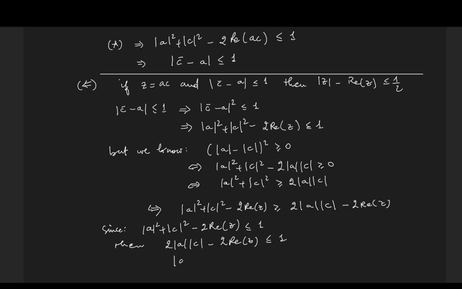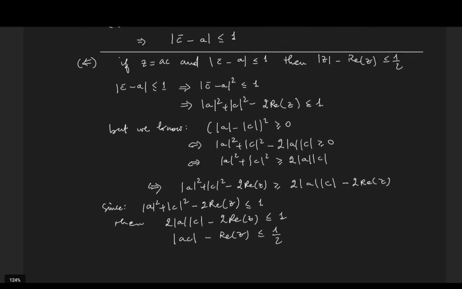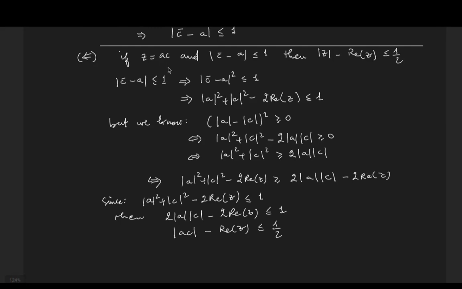That means |ac| - Re(z) ≤ 1/2, and since z = ac, that's |z| - Re(z) ≤ 1/2, which ends the proof.